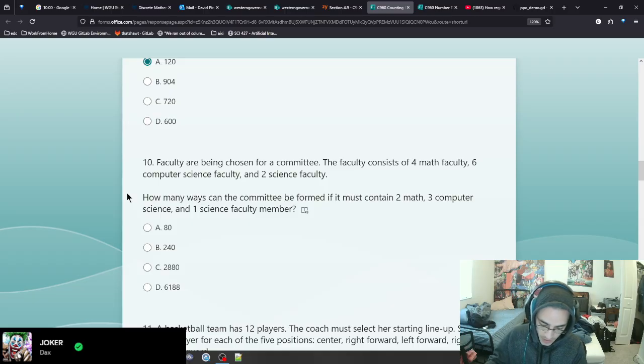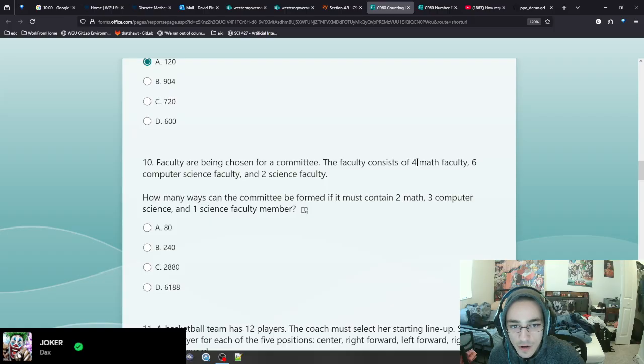Okay, so I think what I gotta do here is 3 permutations. But okay, here's my choice now. Do I do combinations or permutations? So I'm representing this as a bit string.